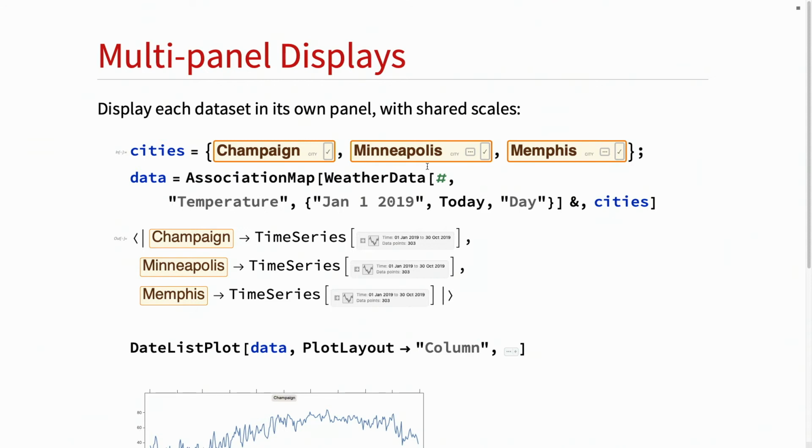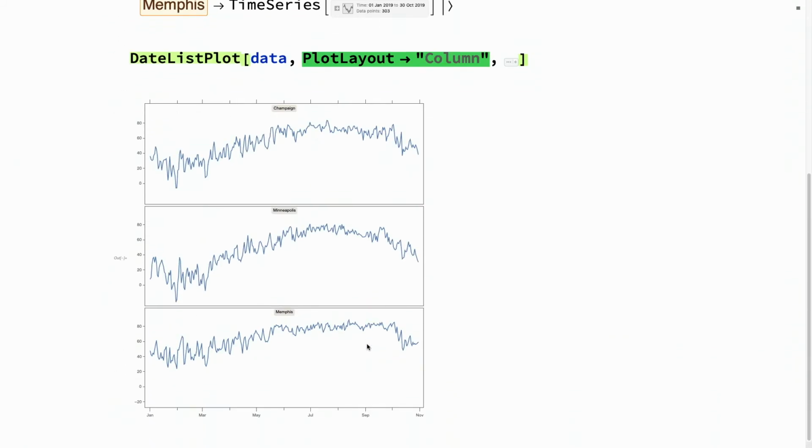And normally if I feed this into DateListPlot, it would give me 3 curves. They would be different colors, and they would intersect each other and potentially be kind of noisy and difficult to read. So instead, in this case, I'm going to say PlotLayout goes to Column, and then that is giving me 3 separate panels, each one with a curve.